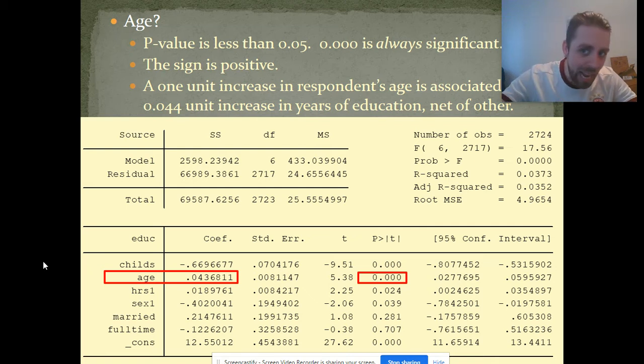And the second half of this interpretation, the dependent variable, always stays the same. So once you know the dependent variable, you are always dealing with an increase or decrease or no change at all in that dependent variable. In this case, it's years of education. So that second variable will always be education within the interpretation sentence.